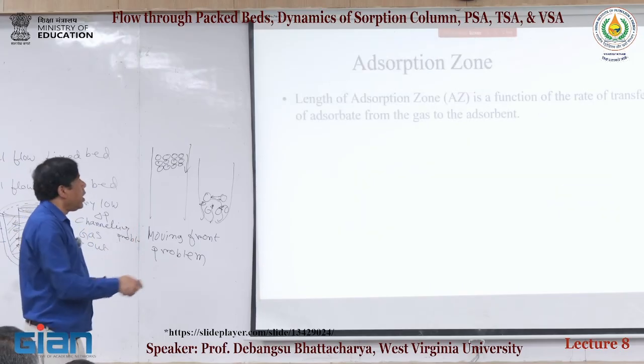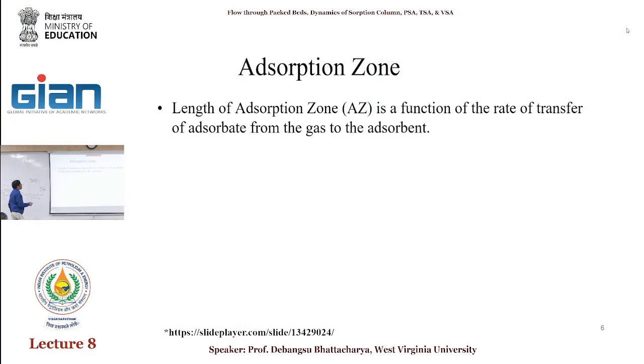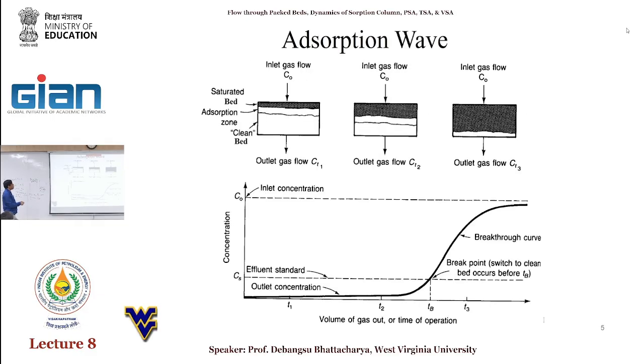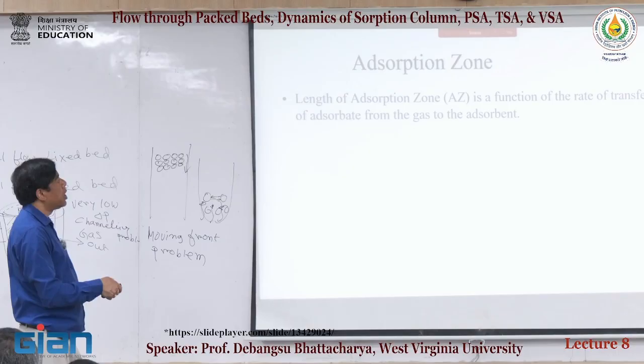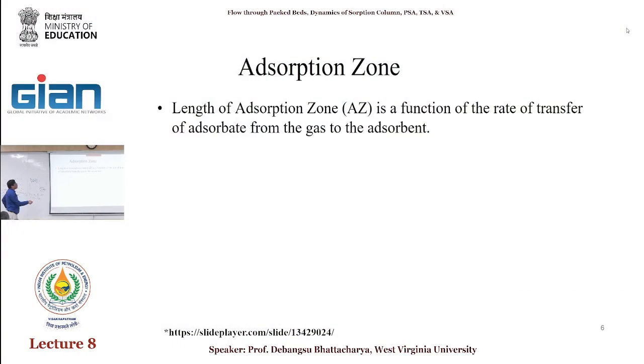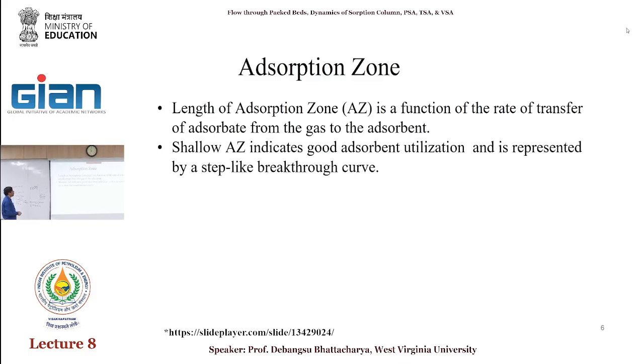Okay. So there is something called an adsorption zone. This is the length wherever adsorption is taking place at any point of time, up to which it is getting saturated. This is a function of the rate of transfer from the gas to the adsorbent, and that is where our mathematical model lets you figure out how it is going.